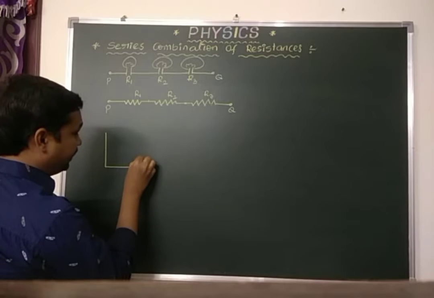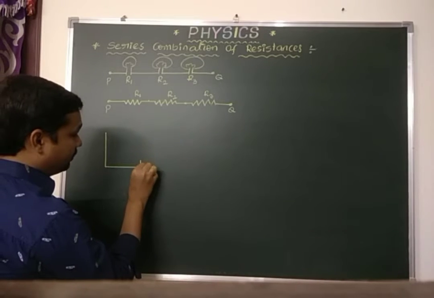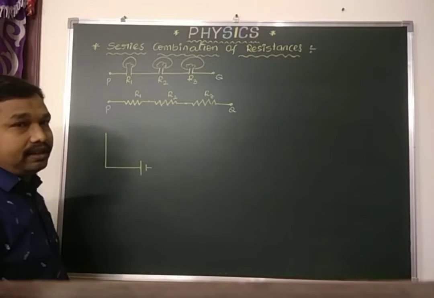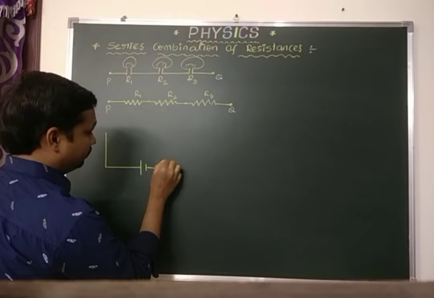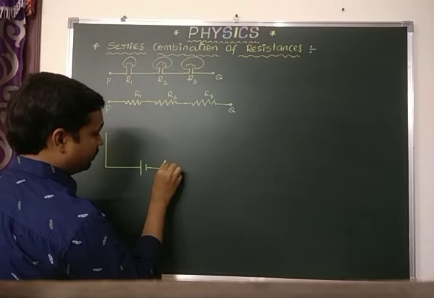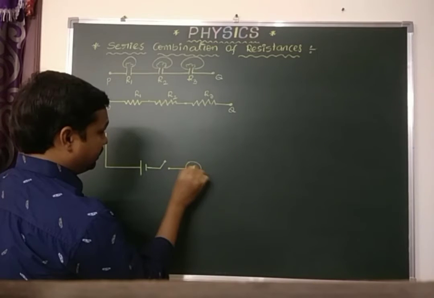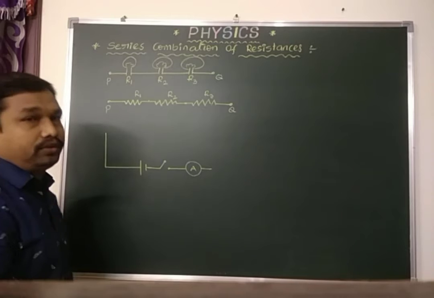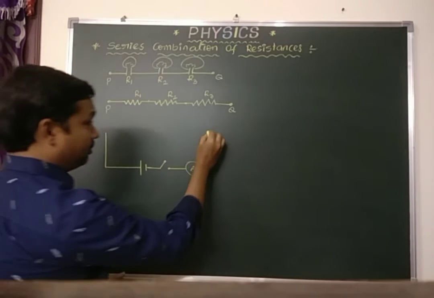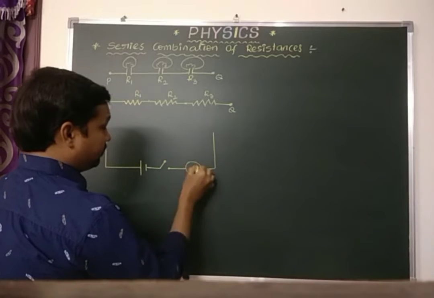Here is the cell, the switch, and a device called an ammeter, which is used to find electric current. How much current is flowing in the circuit we can identify using this.